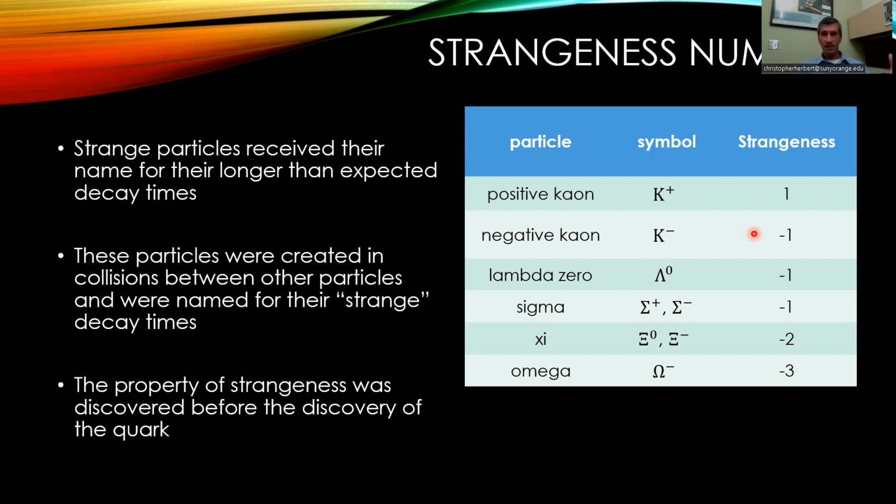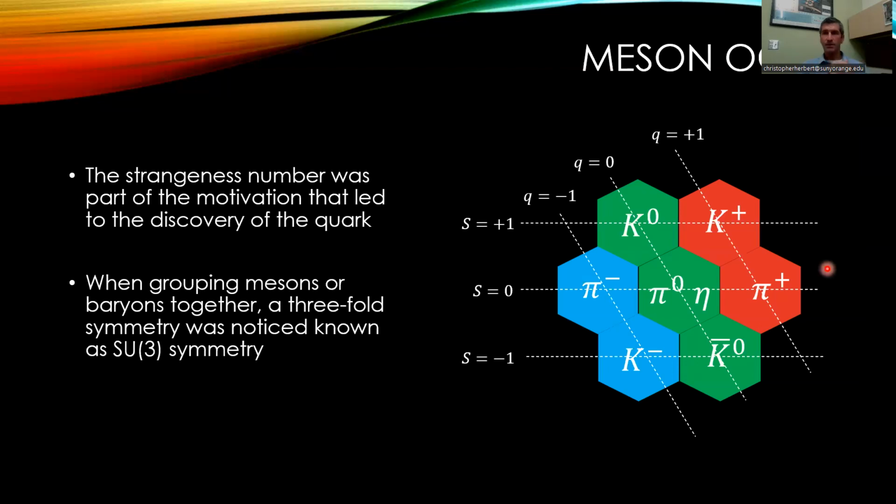Most of the elementary particles that we see today are protons, neutrons, and electrons, and of course the neutrinos, which seem to pass through us without any difficulty. But at higher and higher energy collisions, we started to see these more exotic particles, these kaons, lambdas, sigmas, chi's, omegas, which had this extra property that protons and neutrons did not have, which was also conserved. So this strangeness number was conserved.